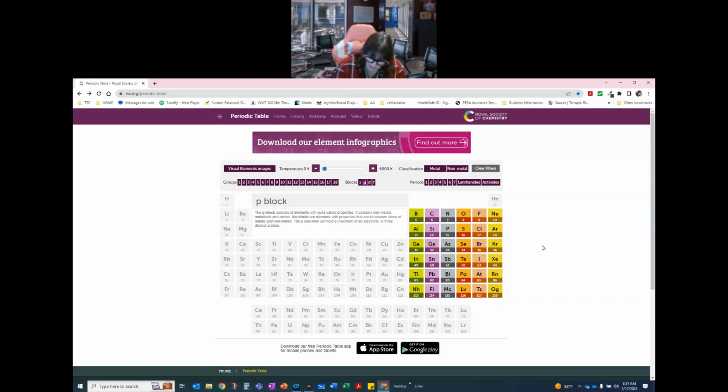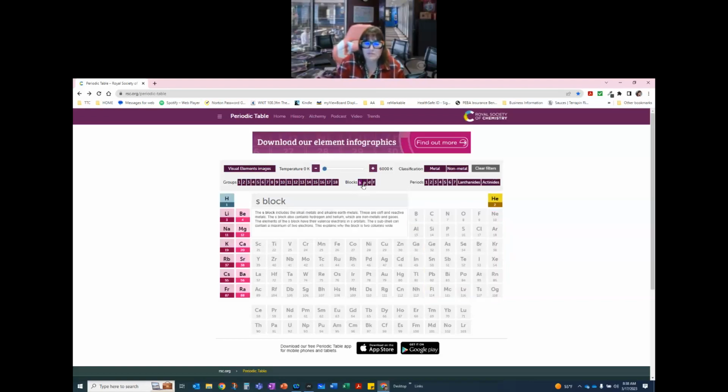1s2 for fluorine, 2s2, 2p5. And my neon is a 1s2, 2s2, 2p6. My p can't contain any more, so I'm done there. Yay, awesome. So now I'm going to go back to a new S block. Okay. And I go down to row 3, that is an S block.